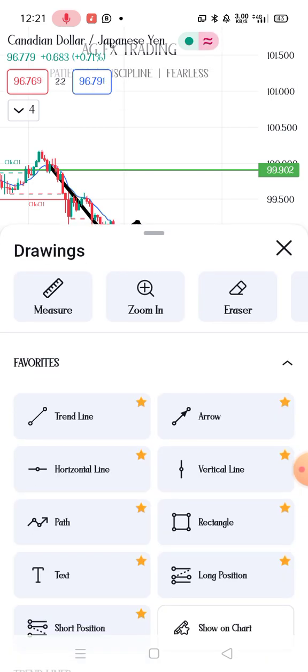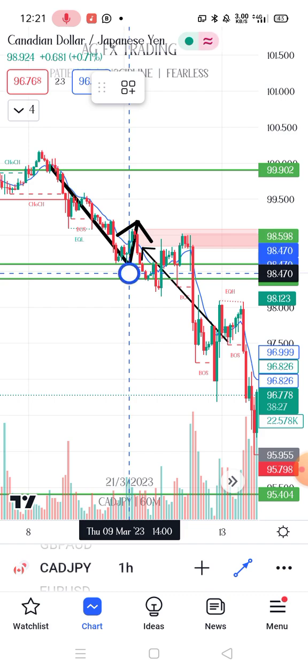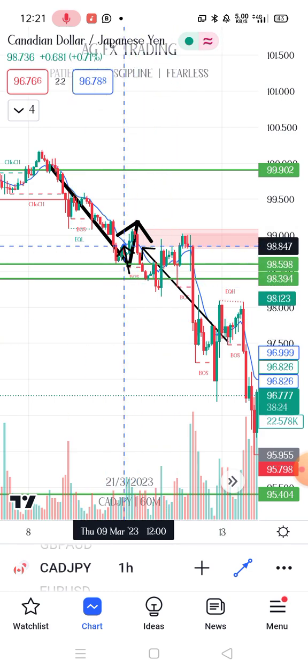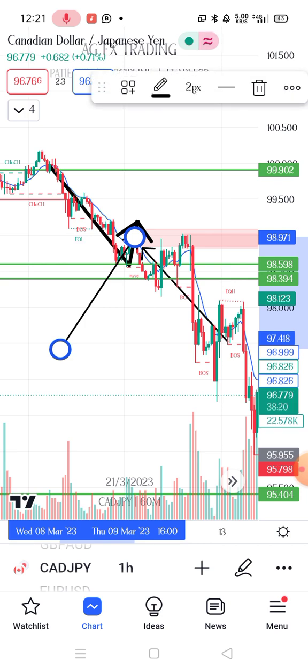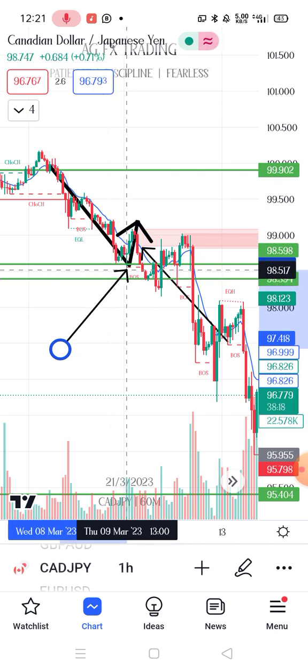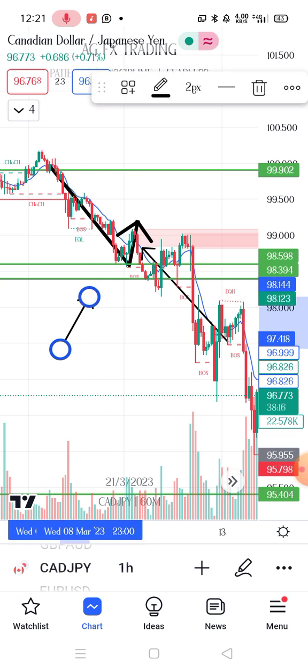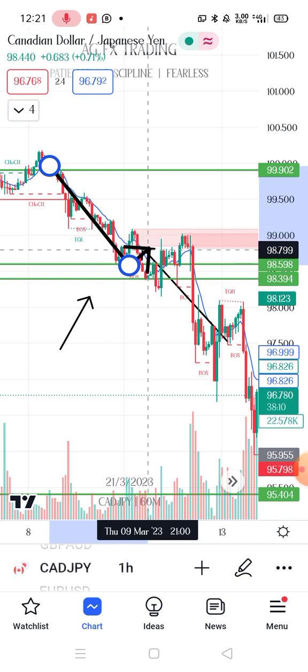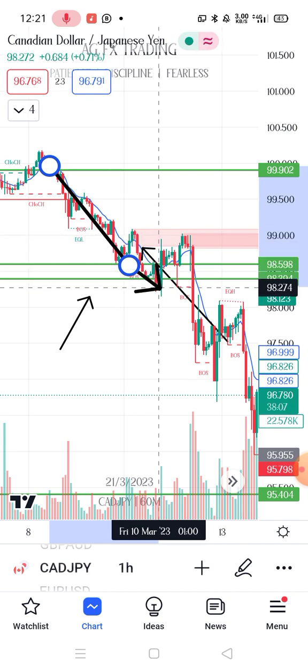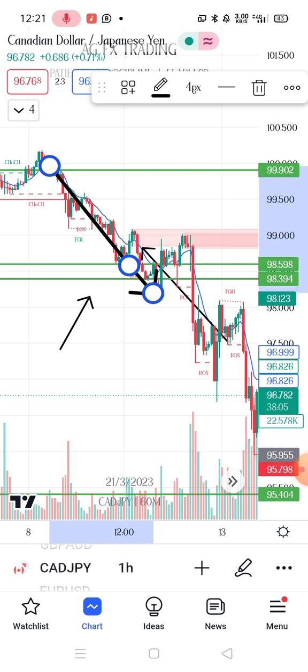It broke it. It did break it. You see it? It went down, up. Then instead of just going this way, it broke it down like this.